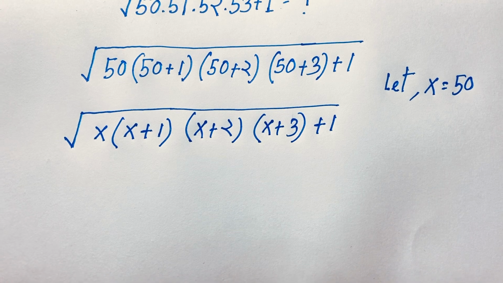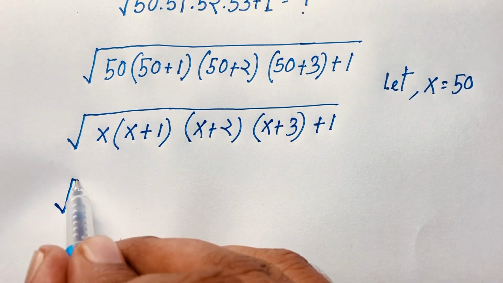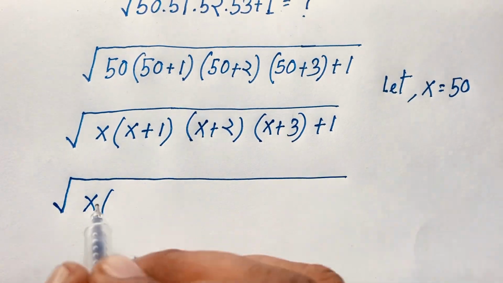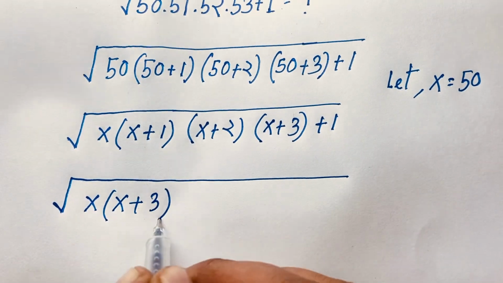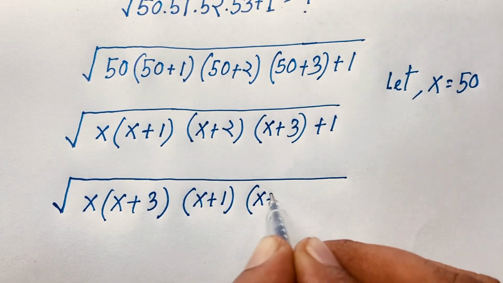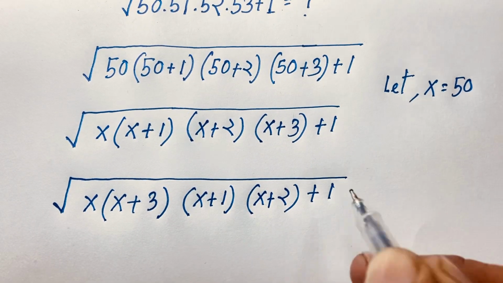Now in this maths question, you can see easily, under the square root, I take x times x plus 3 here, and I can see x plus 1 times x plus 2, and plus 1.